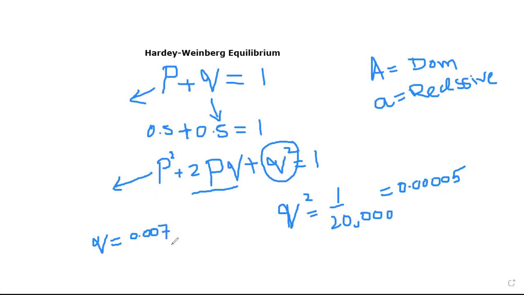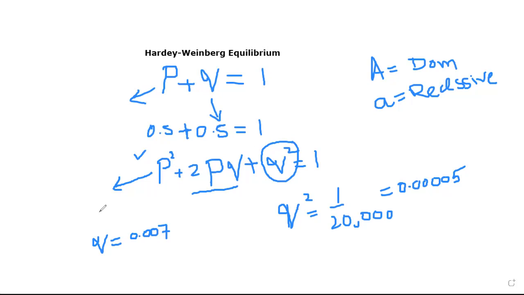By using this and applying it into this, can you find out the value of p? How will you find out the value of p now? You can subtract 0.007 from 1.